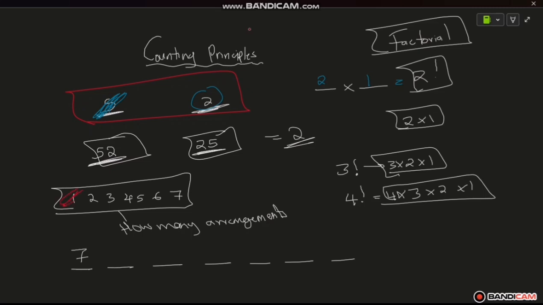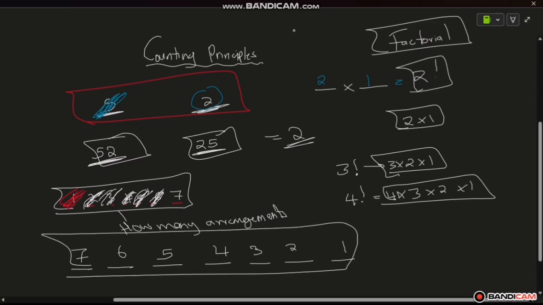Now when I choose one number, how many digits will I be left with? I will have 6 of them, right? Then if I choose another number, remember repetition is not allowed, so we take it out and we don't put it back. We'll have 5 of them. You can choose any number. When I choose this one, it means that I have 3 digits that are left. When I choose the 5, or let's just say the 6, we are left with 2. Then when I choose the 6, we are left with what? With 1. I hope it makes sense.